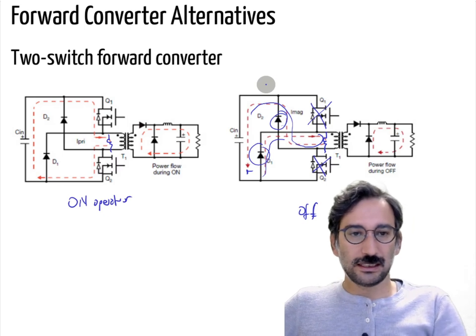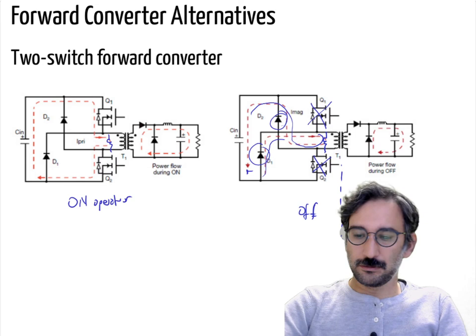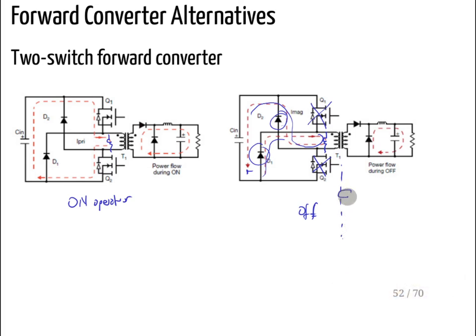So the thing is, with the forward converter, this is a trick that can be used. So this is RL, let's say this is M1, this is N2A, and let's call that one N2B.